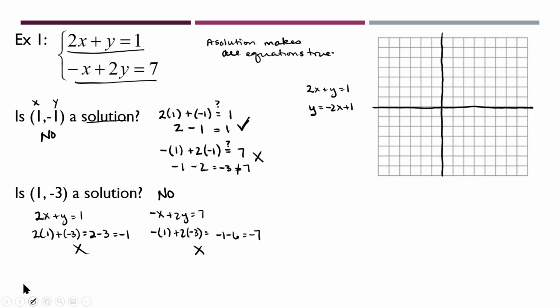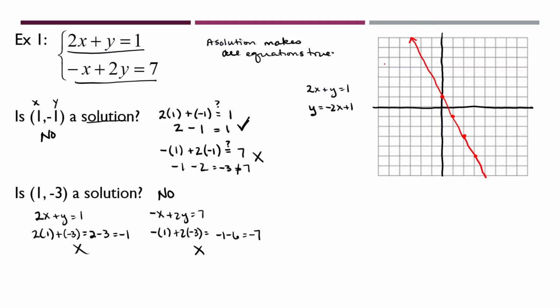So we're going to have a y-intercept of 1 and a slope of negative 2. So down 2 over 1. And I can go down 2 over 1, and I can do that as many times as I need until I get the ability to connect the dots.